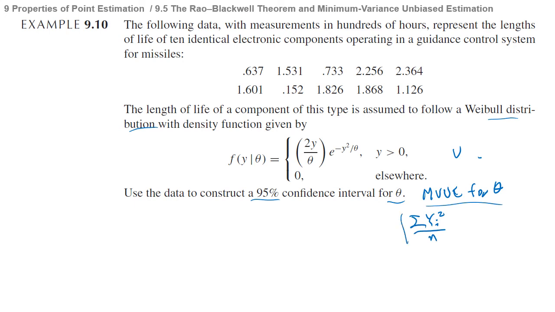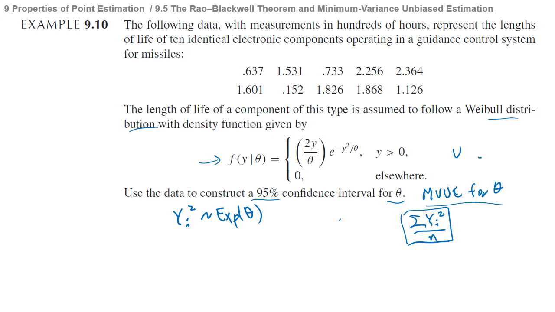So this was our MVUE for zeta, and also previously we calculated that Yi squared follows an exponential distribution with zeta for the Weibull distribution.